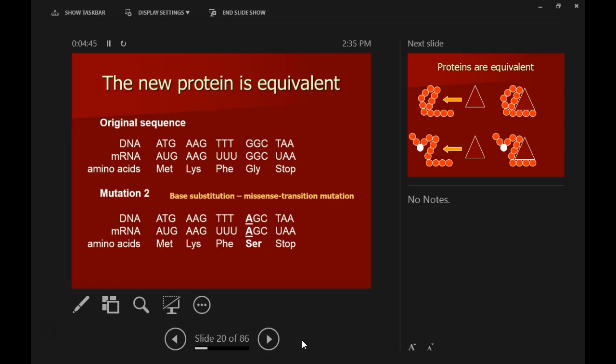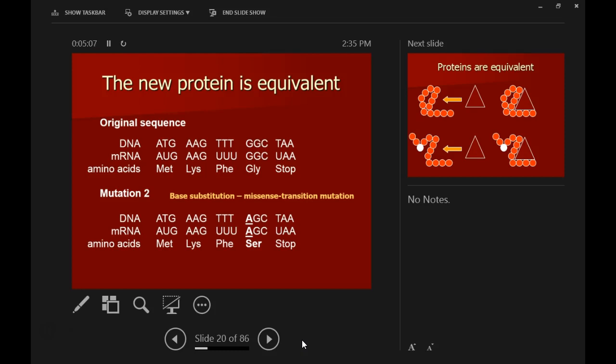substitution, and you'll notice that we call it a missense. A missense mutation is a mutation that results in a different amino acid. Right? So in this case, we get a different amino acid. So silent, we get the same amino acid.